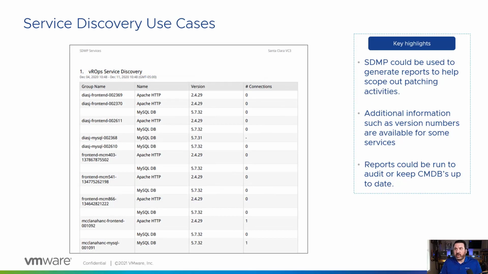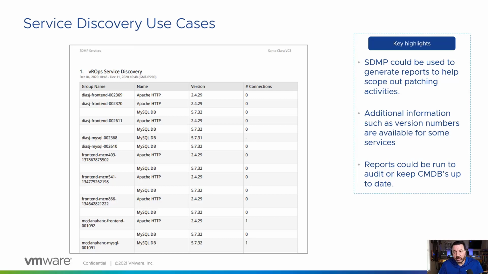Other cool use cases for service discovery would be if we're trying to patch things, or if there's a vulnerability for a specific service that we might be running. We can get version information for a lot of the services. It's not available for all services; it really depends upon the publisher and whether or not they make that information available to us.